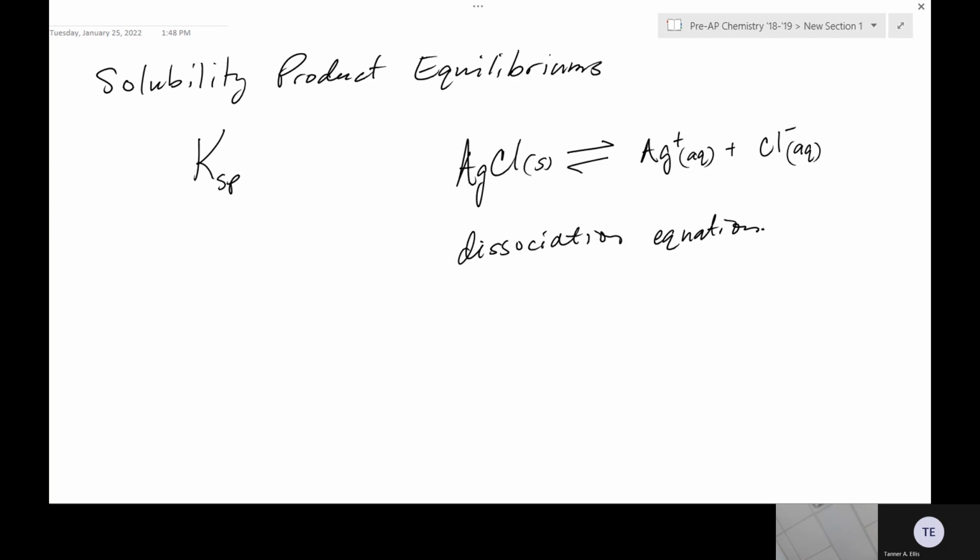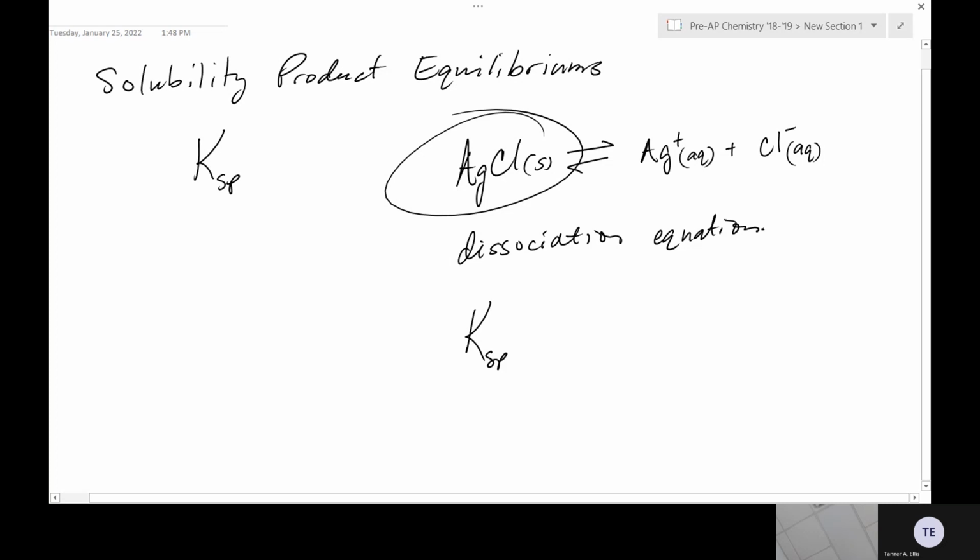Is everybody with me there? And so this guy here is always going to be a solid. The coefficient in front of it is always going to be a 1. Everybody with me there? So if we were going to do this guy here, KSP would be equal to the concentration of silver ion times the concentration of chloride ion. The equilibrium expressions are super simple, all right?